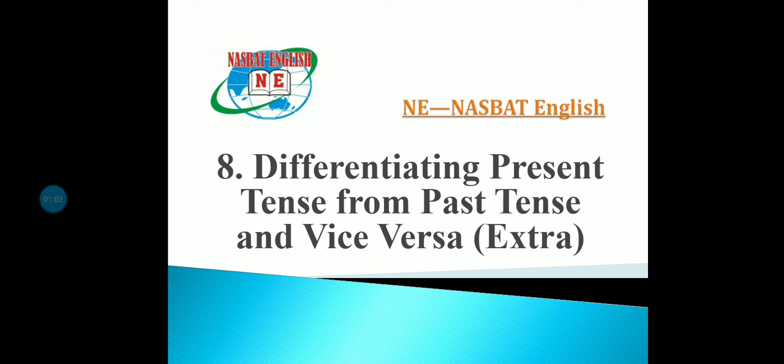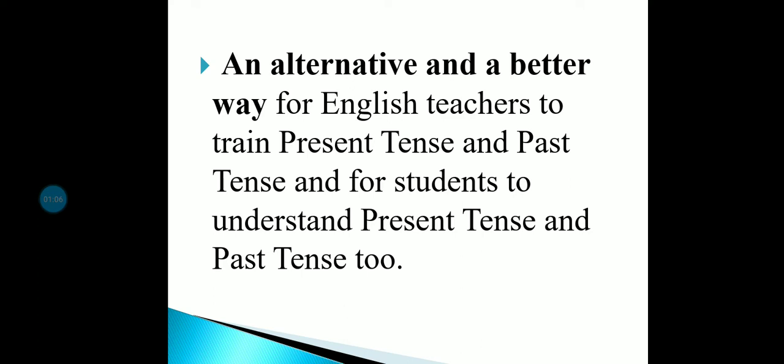All right. Now, using this video, I intend to offer an alternative and still a better way for English teachers to train present tense and past tense, and for students alike to understand present tense and past tense better too. All right? How does it go? It goes this way.